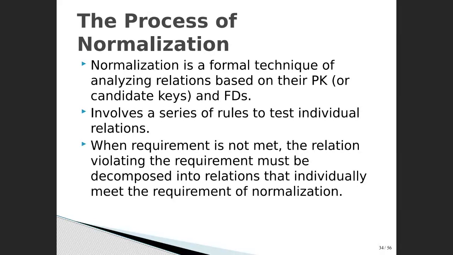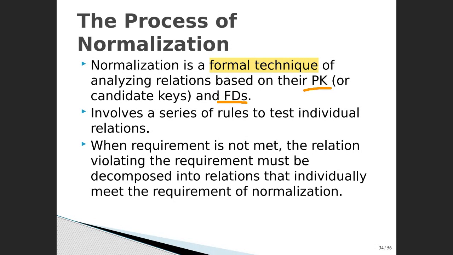Okay, now let's talk about the process of normalization. Normalization is a technique in which we analyze the relations based on their primary keys or candidate keys and functional dependencies.